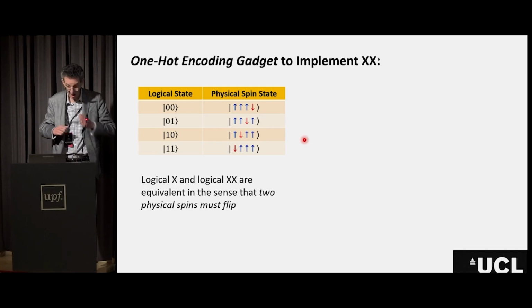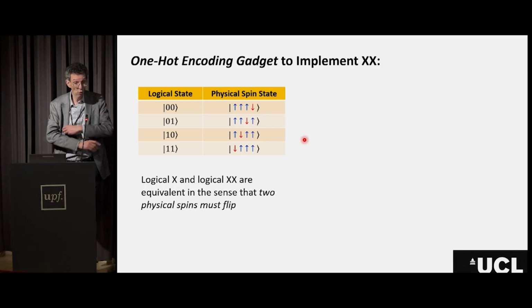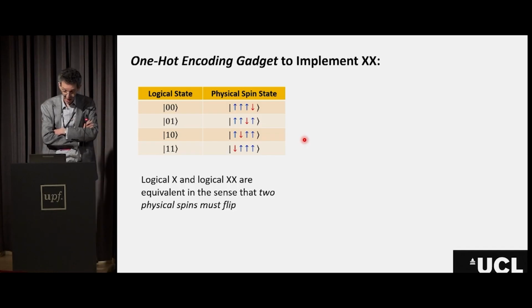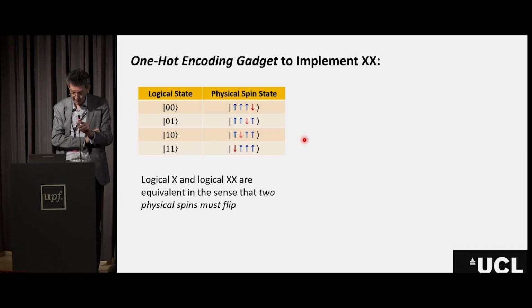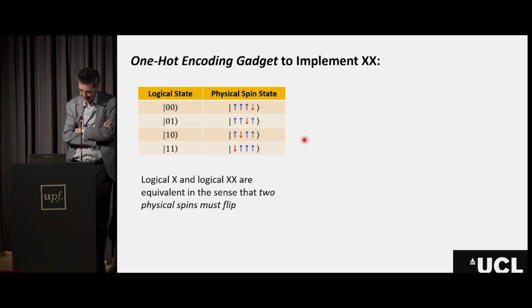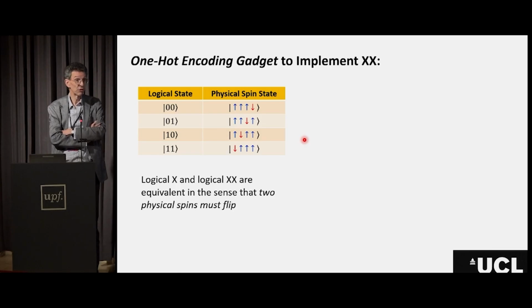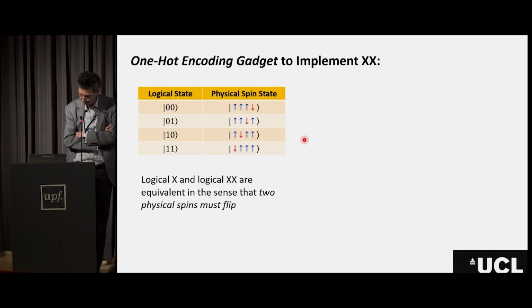We basically add some ancilla qubits, and now we have 4 physical spins to encode 2 logical spins, and you can see we have this one-hot encoding where each of the 4 logical states is encoded by 3 spin up, 1 spin down in the physical state.